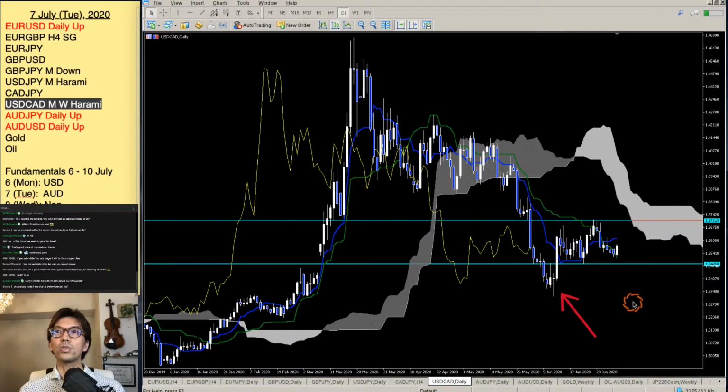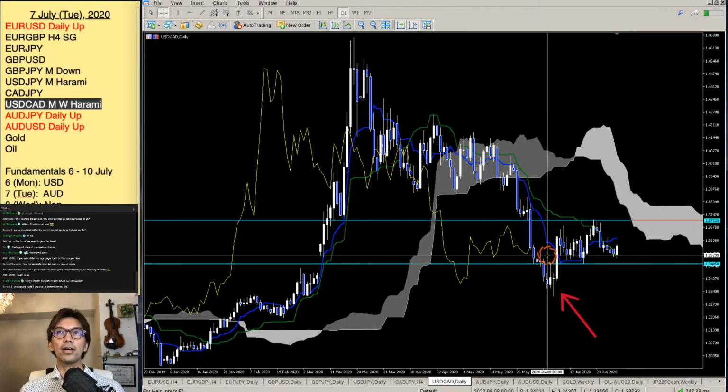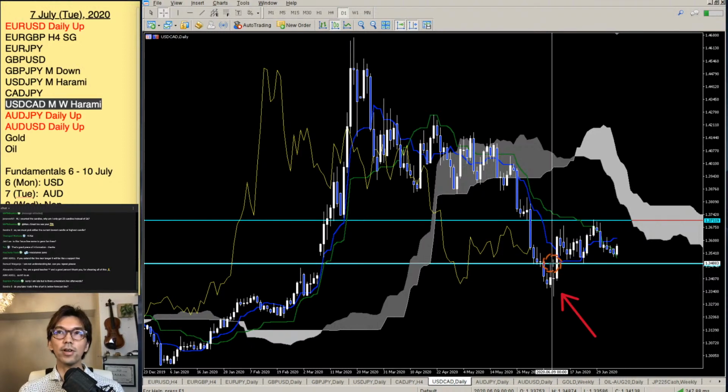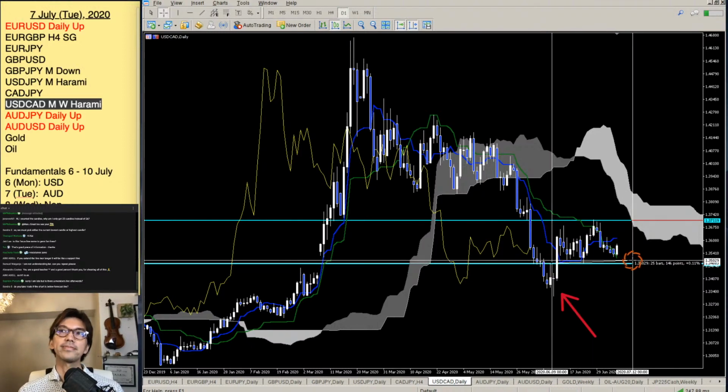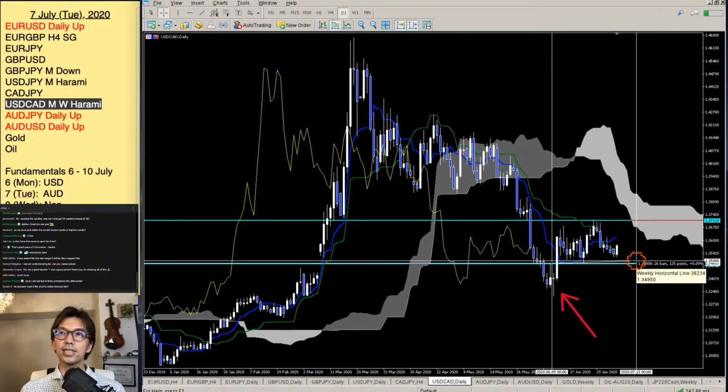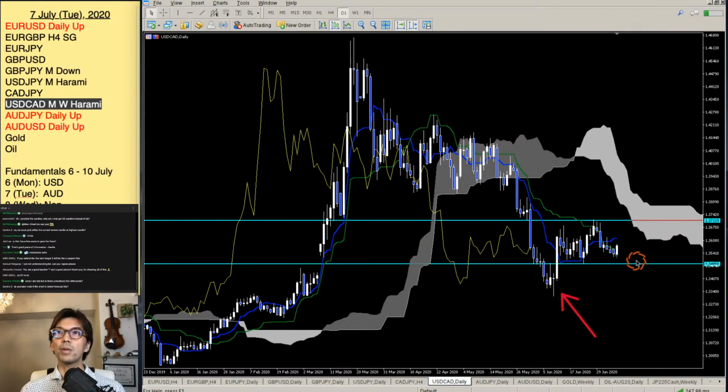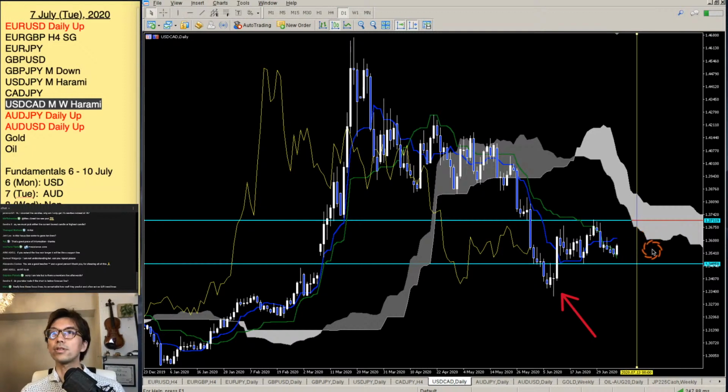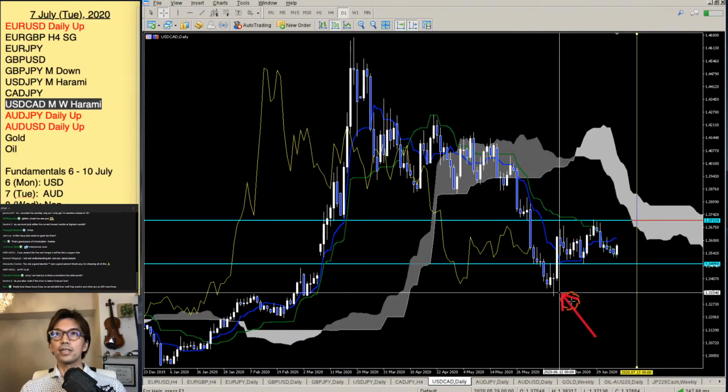Okay, so in this case, you take this pin bar and you count the candles 26 forward simply, and you get that date. This is going to be July 13th, here. So I put the vertical line here. Hold on, was it here? Let's see.